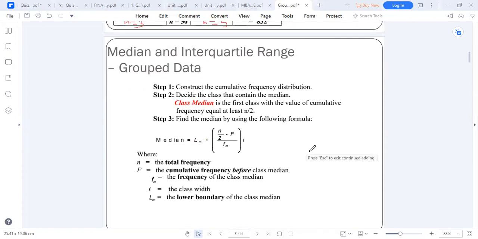How do we calculate the median? The median is given by the lower bound Lm plus n over 2 minus F over fm, times i, which is our height.